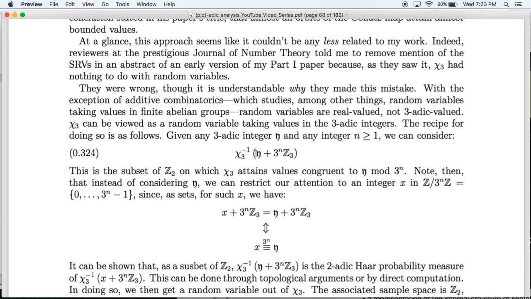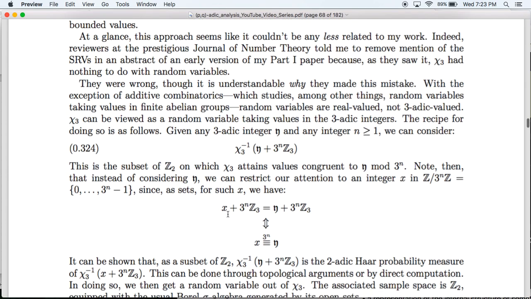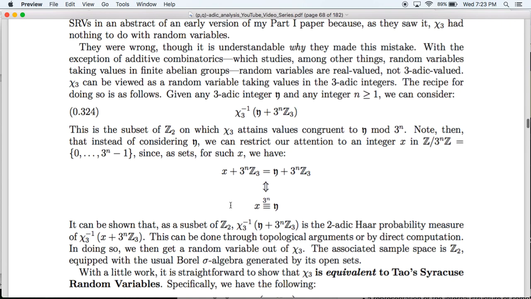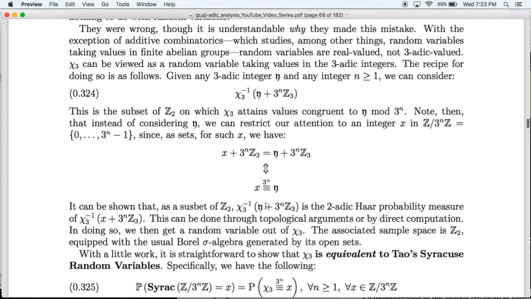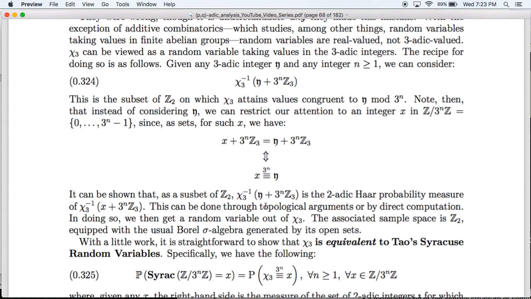Since this set absorbs everything past the 3 to the n in this three-adic integer, we can restrict our attention to the value of y mod 3 to the n, which is going to be some x in this set. We have the following equality of sets if and only if x is congruent to y mod 3 to the n.